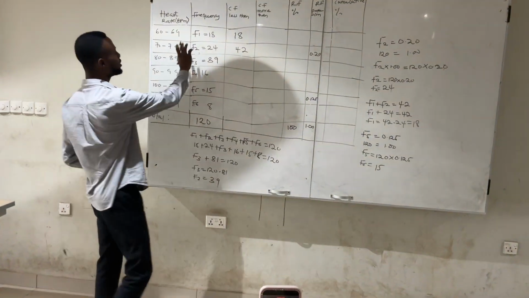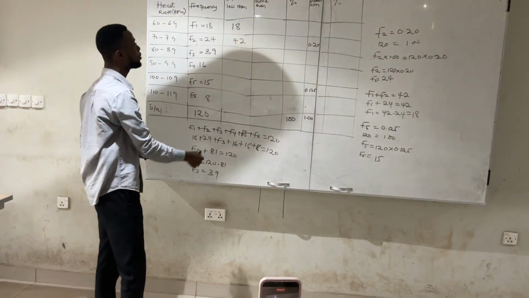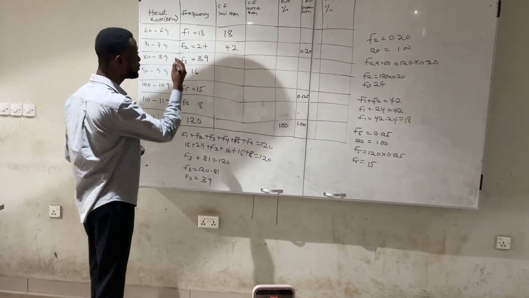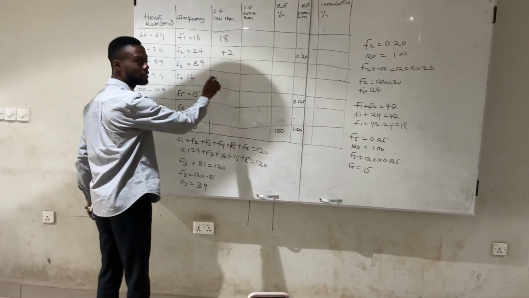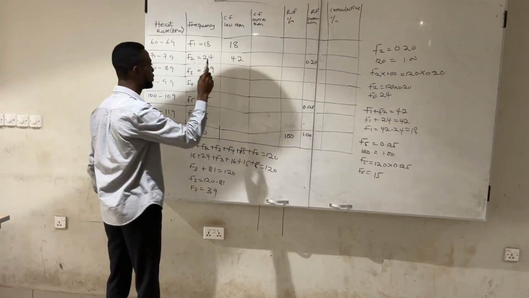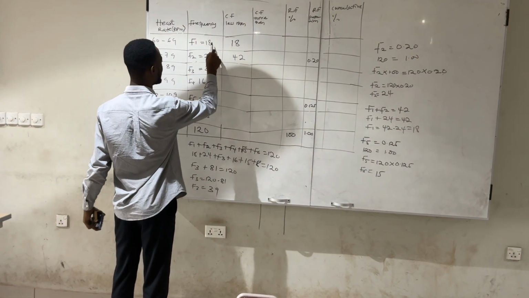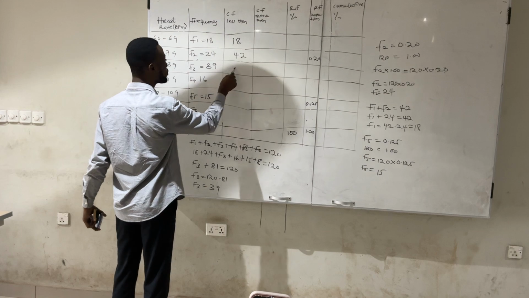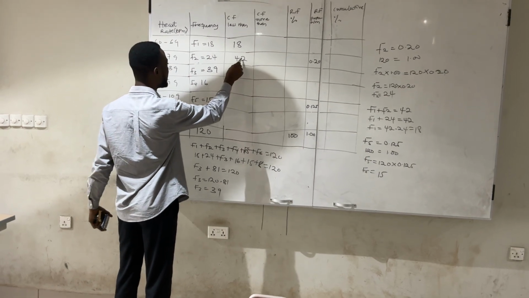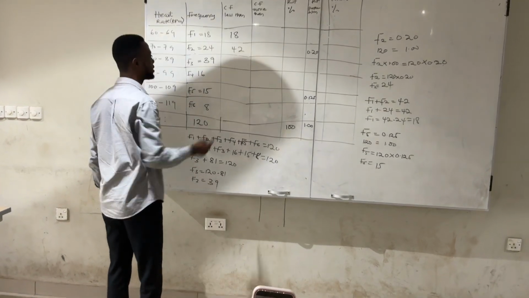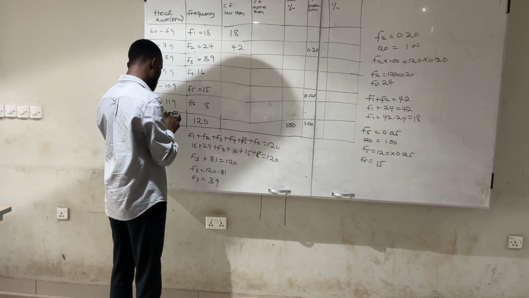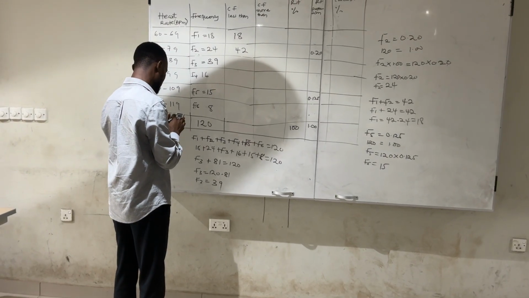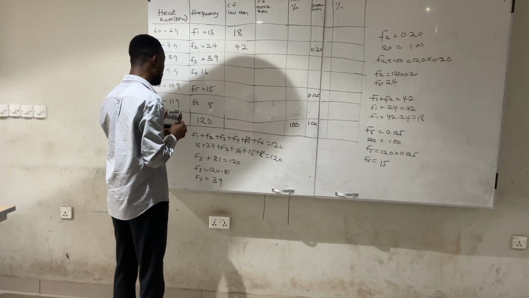Now, we can use these values to complete the cumulative frequency less than. Whether we use the diagonal method or the horizontal method, when we add all of this, it's supposed to give us this. So let's add 42 plus 39, which gives us 81.